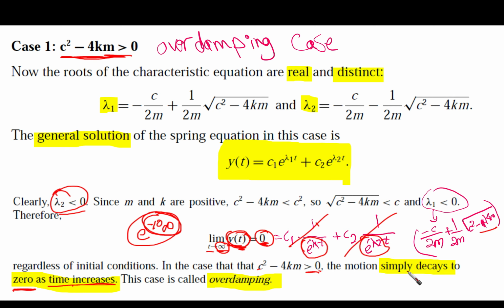So simply the motion decays to 0 as the time increases. That's the most important part. This is called overdamping. Why is it overdamping? Because the motion decays, where the damping is like controlling. So in this case we call it overdamping case.